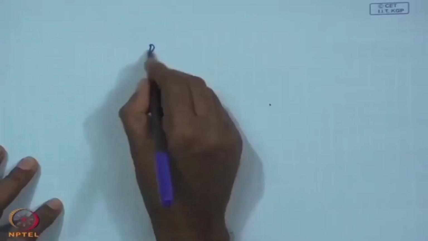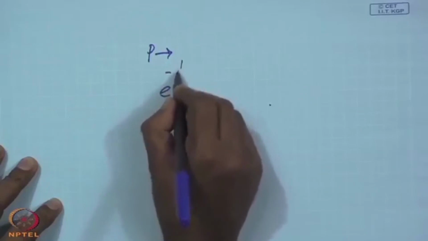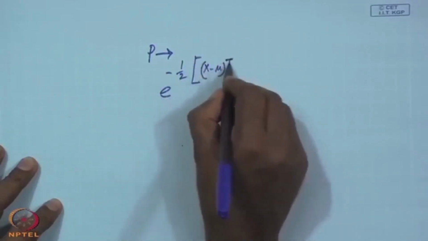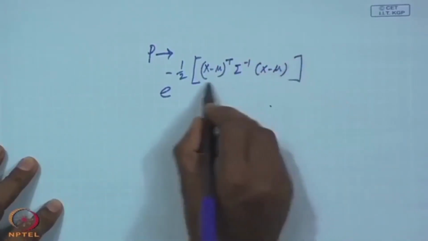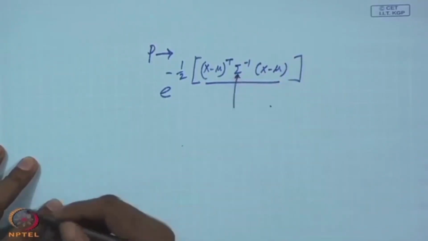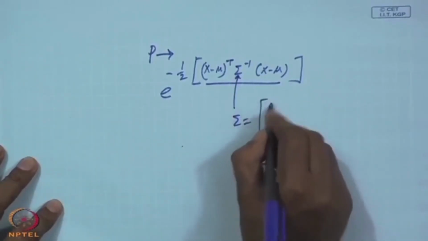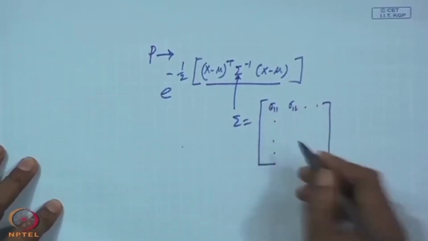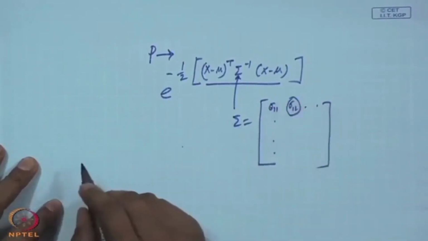If there are p variables, then our exponent is e to the power minus half, transpose, this one. You are talking about this part. Because this is the covariance matrix sigma, definitely there is correlation or covariance, and we are considering this correlation or covariance component.